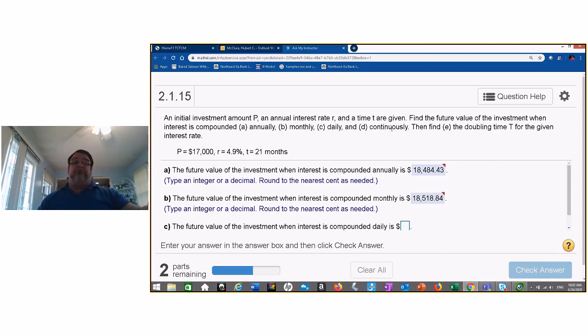And PERT, P-E-R-T, and then the natural log of 2 over your R. So all you need to write down is this right here, and then N is equal to 1, N is equal to 12, N is equal to 365, and then T is equal to natural log of 2 over 0.049. And that's it.